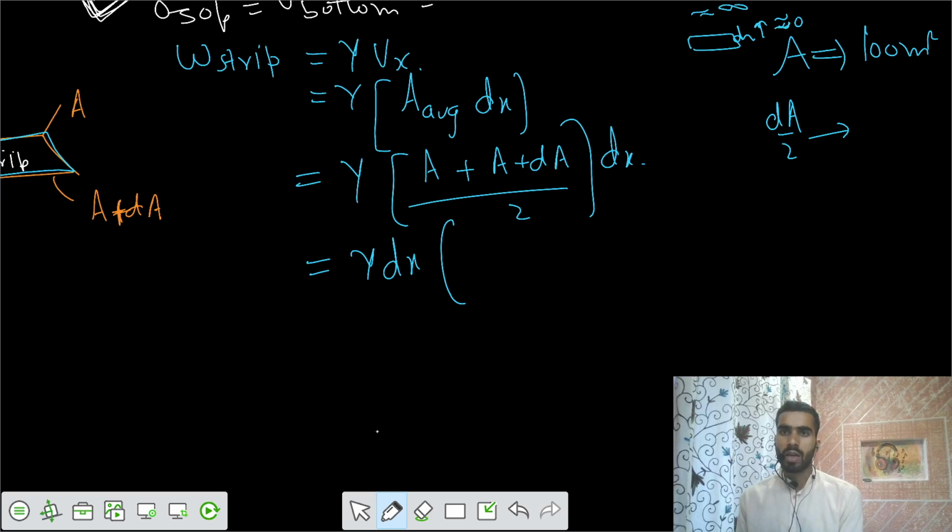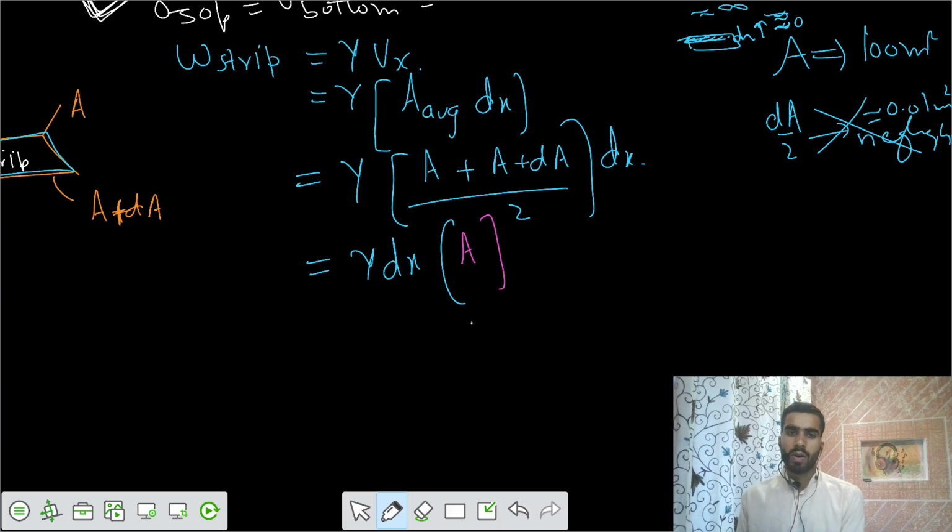So there won't be much change in area. So dA by 2 would be negligible, some 0.01 meter square, let's say. So finally, the weight of the strip is almost equal to gamma dx into A.